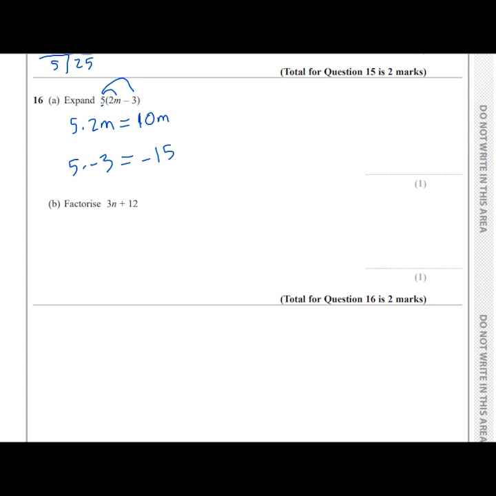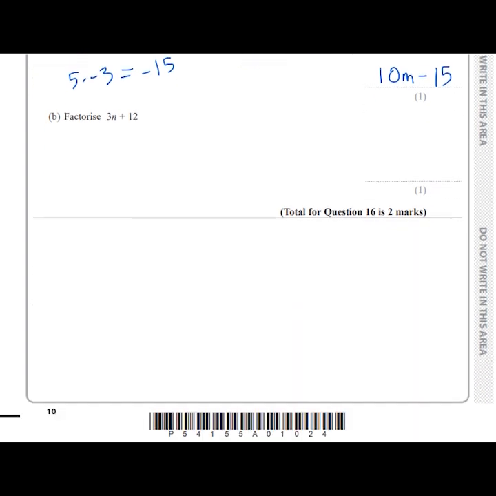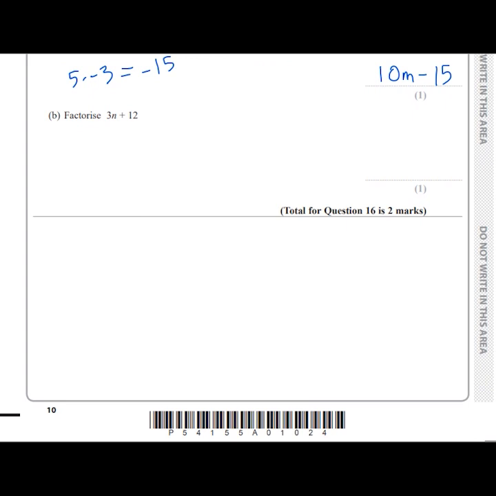So now putting this all together, we get 10m minus 15. That's our final answer there. So that's part A done. Now moving on to part B.